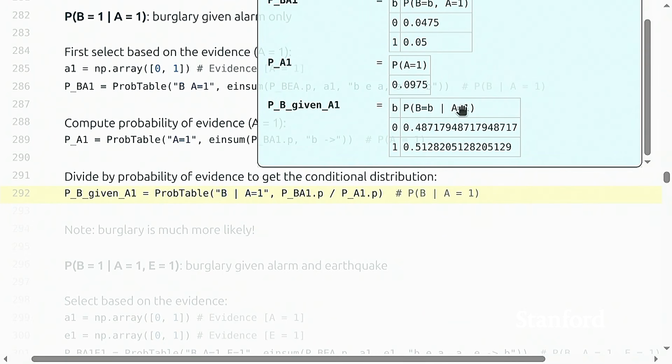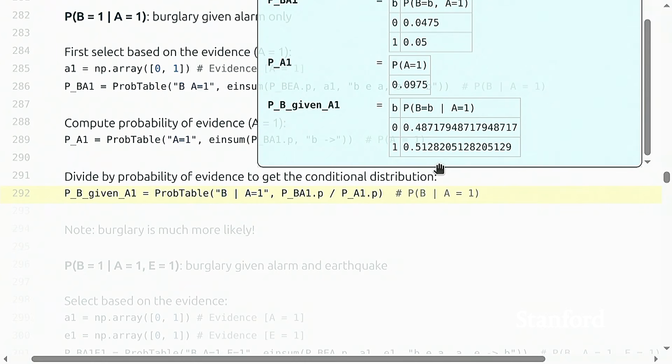And just to remind you, when you sum over the left-hand side of the conditioning bar, that's when you get 1. The right-hand side is not summed over. So the probability that there is a burglary, given that there's an alarm, is a little bit over 50%.